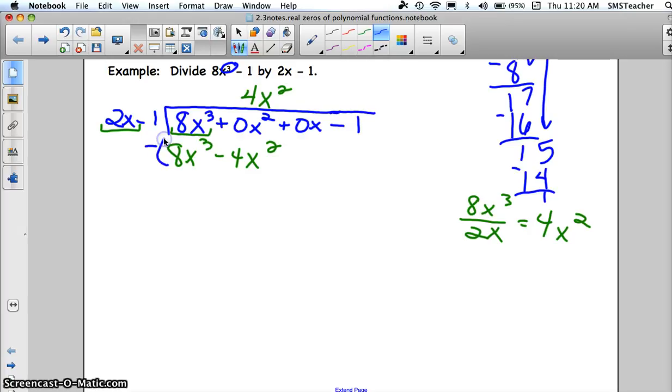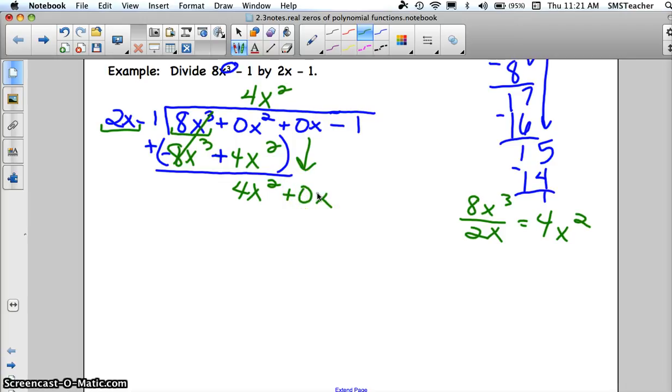Remember, when you subtract, you have to distribute to both terms. So this becomes plus -8 and plus +4. The 8x cubes will cancel, and we have 4x squared, bring down 0x.